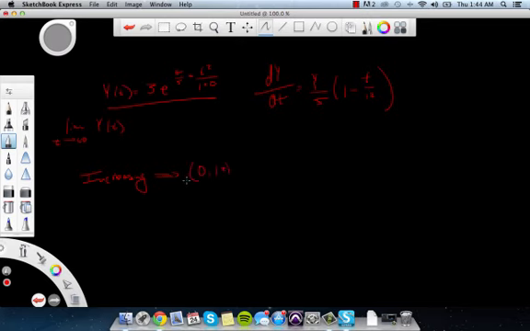So the population is growing between 0 and 12, whatever the time units might be in this particular problem. It's decreasing from 12 to infinity.